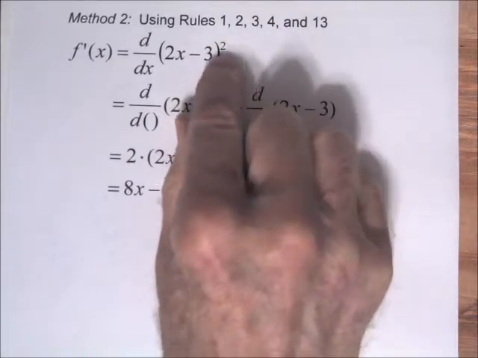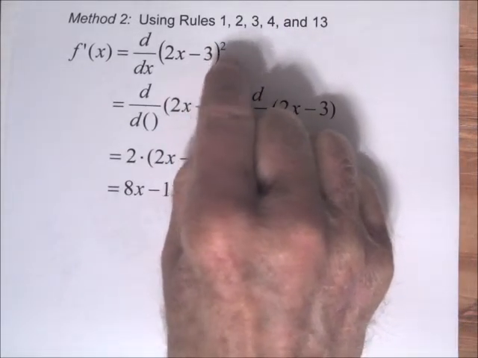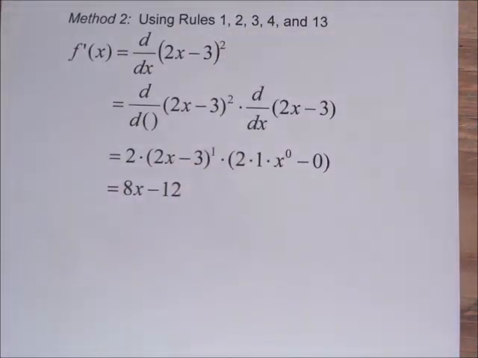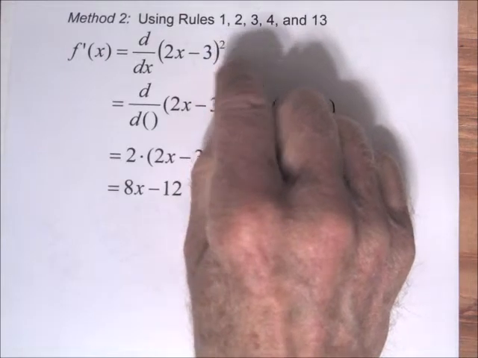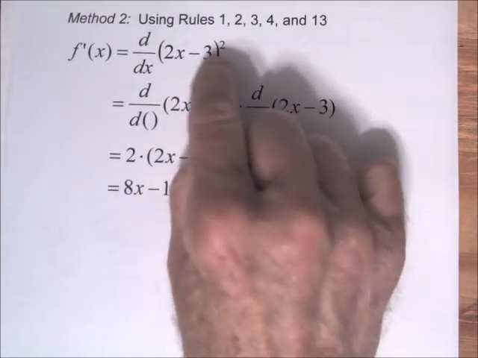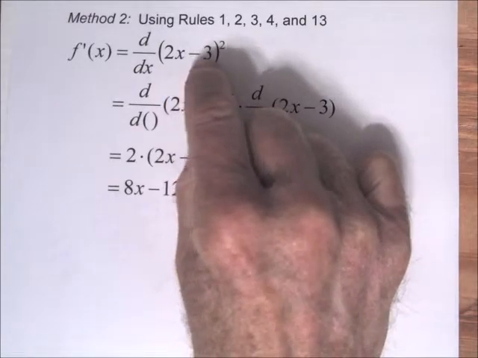It's an exponent, x to the second power. Not exponential in the usual sense, but it has an exponent. And the inside function is 2x minus 3. So this is a composite function.